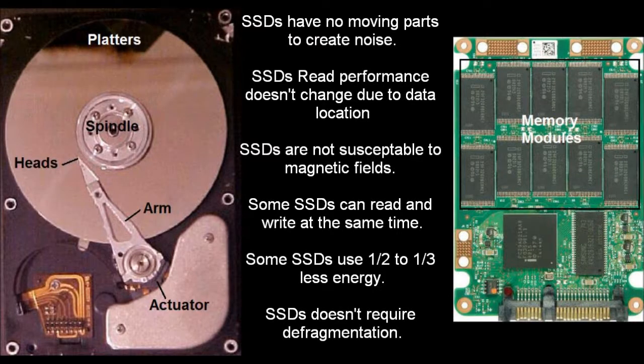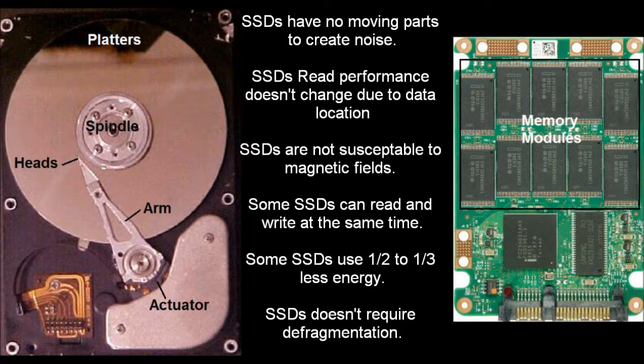Now, in this picture, I'm going to show you the insides of the two drives. If you look to the left, these are the parts that you'll find in a typical hard drive. On the right is the inside of a solid state drive. See the difference?